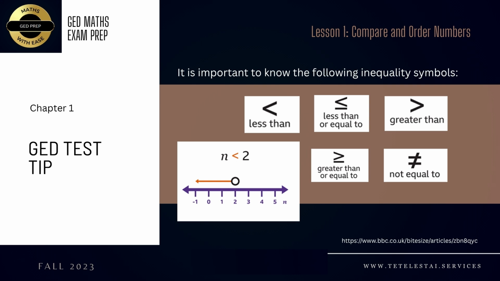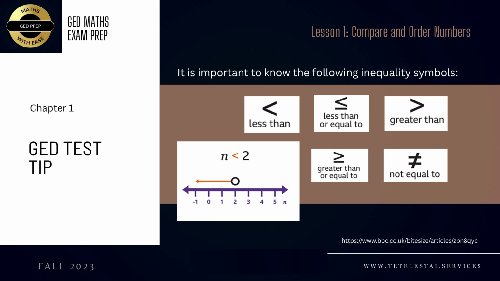The fourth symbol is greater than or equal to, and that essentially is the same concept, just for situations where you're dealing with inequalities. I don't want to get too much into that because it's not dealt with in this chapter of the book, so I don't want to complicate the lesson.